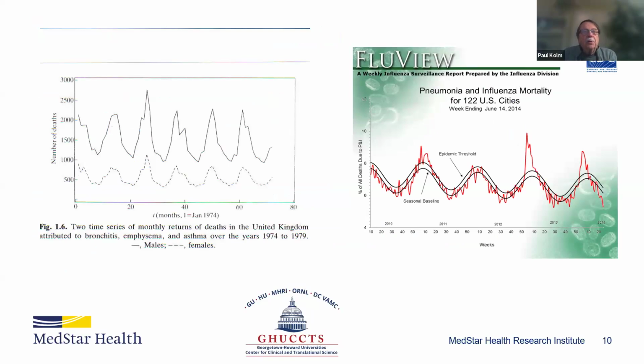You also see a time series for males and one for females, and it's obvious that the males are doing worse than females over time. On the right-hand side, this is pneumonia and flu mortalities, I think from the CDC from some years ago.